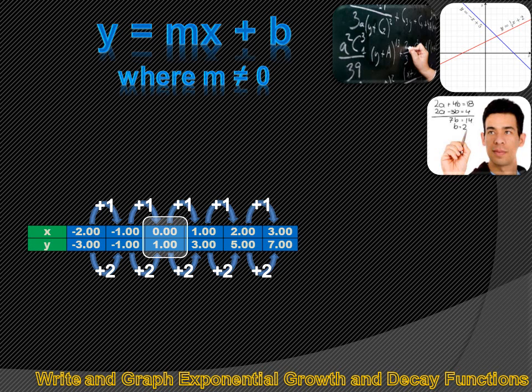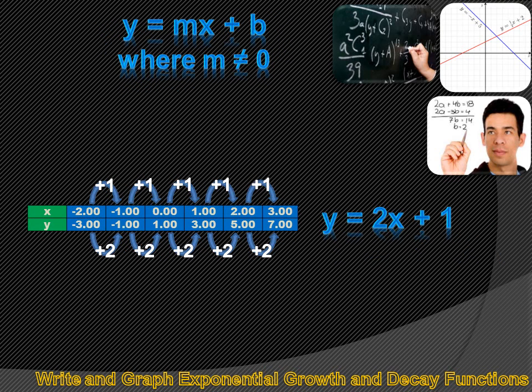And I could figure out what my b was, what my y-intercept was, because my line would cross the y-axis where x equaled 0. And I could see that where x equals 0, y equals 1. So my b value is 1. My slope is 2. My b is 1. So my formula is y equals 2x plus 1.